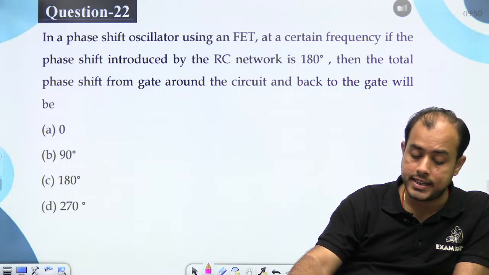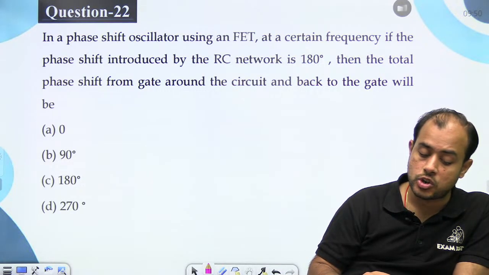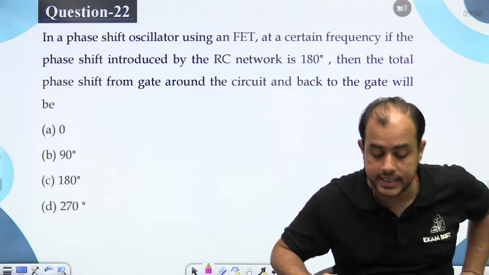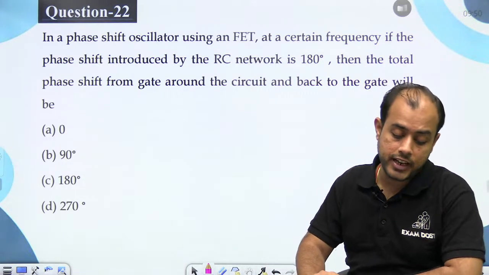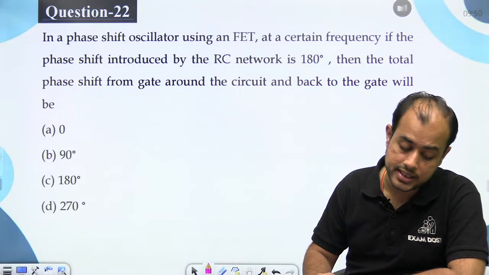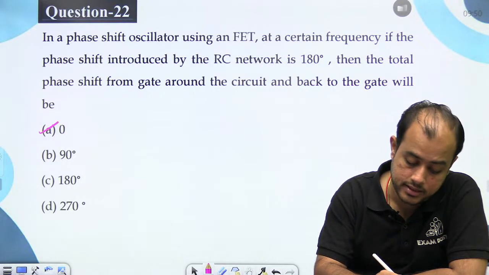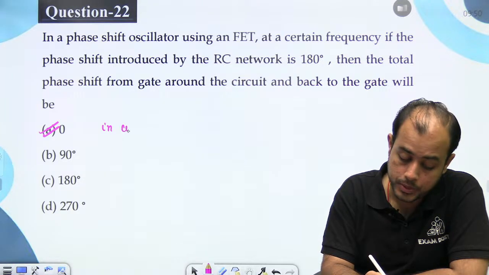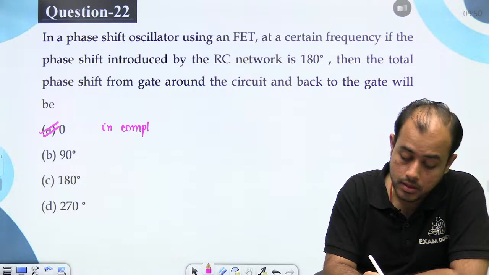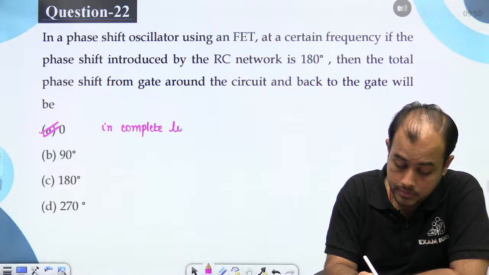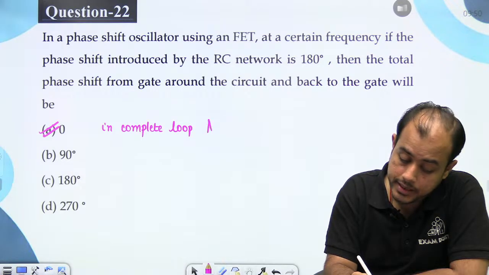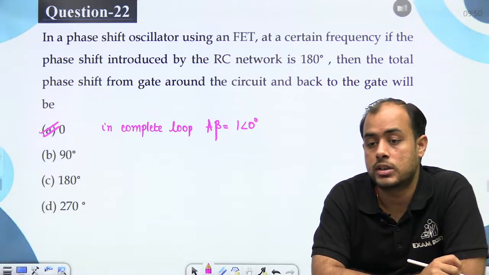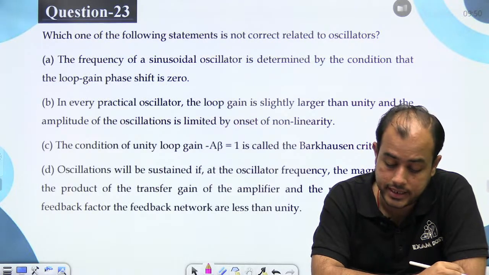ESE 2020, in a phase shift oscillator using FET, if the phase shift is 180 degree, the total phase shift from gate around the circuit back to the gate will be 0 degree. ठीक है, in complete loop Aβ is 1 angle 0 degree. So total phase shift is 0 degree.